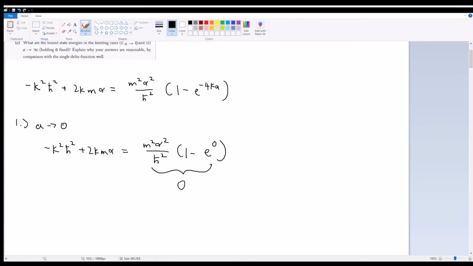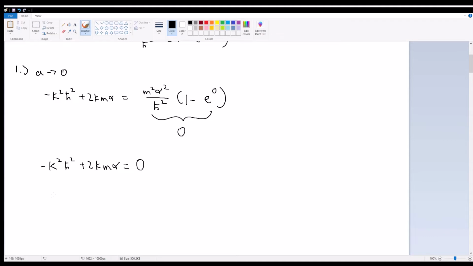So what we're going to have left is that negative k squared h bar squared plus 2k m alpha is equal to 0. From this point, we can move things around a little bit. K squared h bar squared is equal to 2k m alpha. Instantly, we can cancel out a k, so k h bar squared is equal to 2m alpha, or k equals 2m alpha over h bar squared.